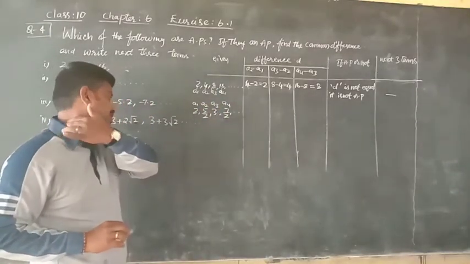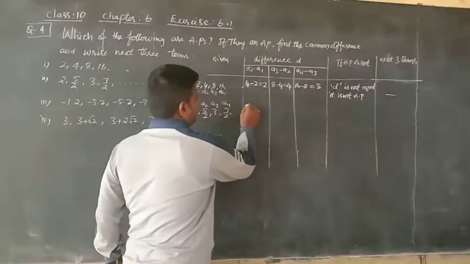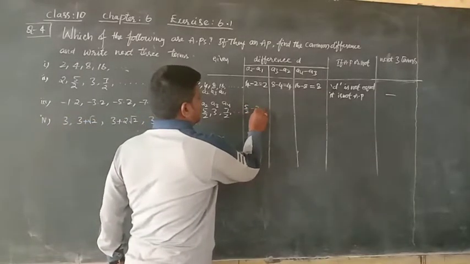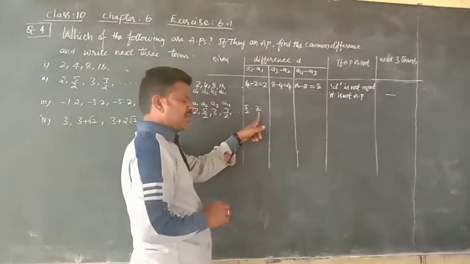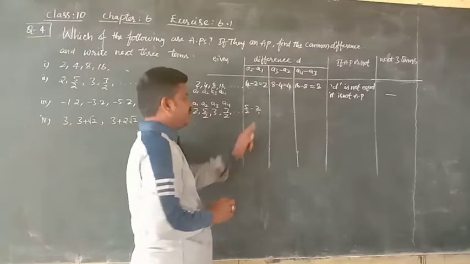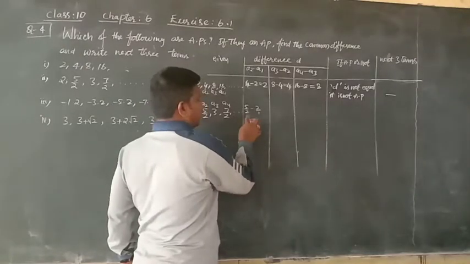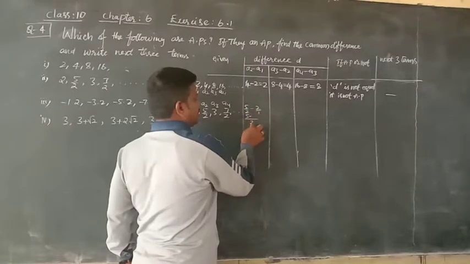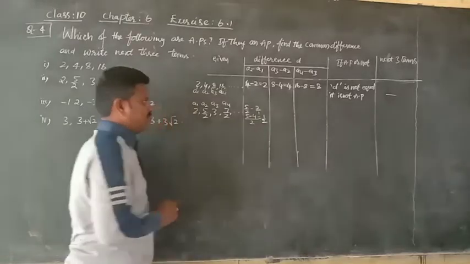A2 minus A1, 5 by 2 minus 2. If there is no denominator, it is 1. LCM is 2. 5 minus 2 times 2 is 4 over 2, we get 1 by 2.